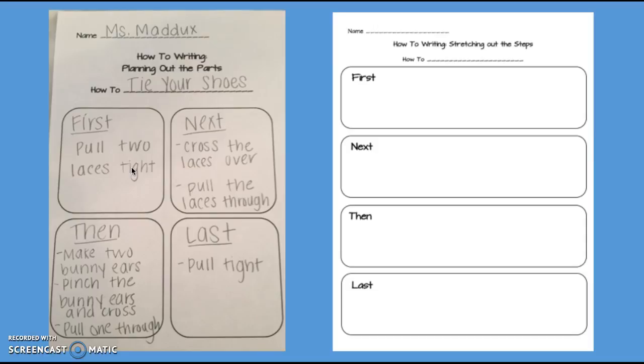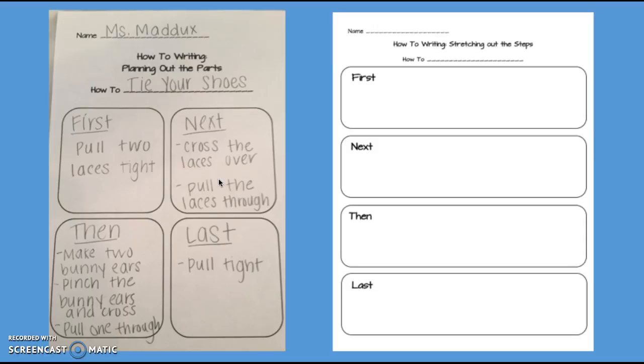So that's walking them through that step detail by detail and really stretching it out. We took it from 4 words, pull two laces tight, and stretched it into a nice, very detailed sentence for our reader. And I'm going to do the same thing with my next 2 steps.